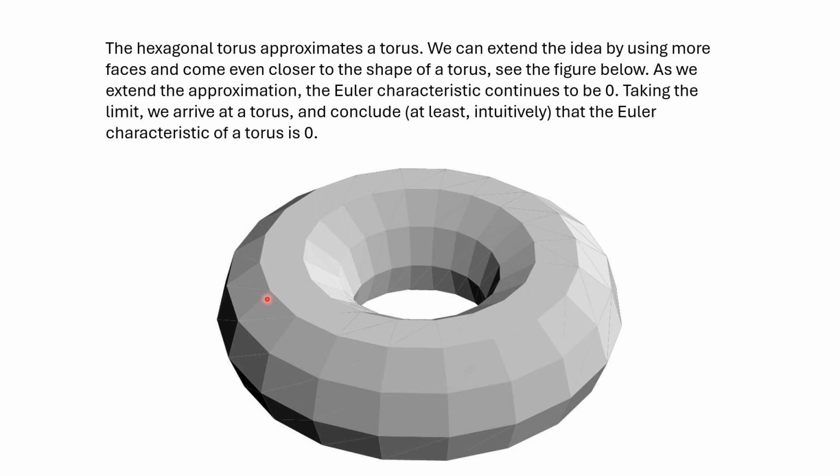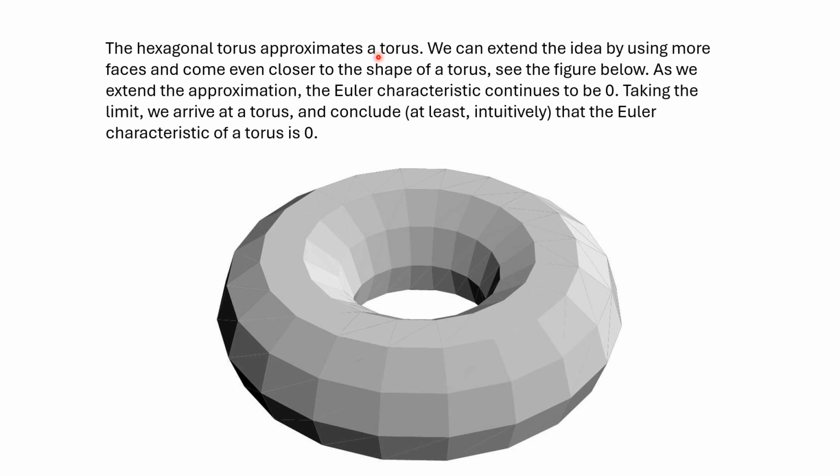If we kept making even more segments, we could get closer and closer. In fact, the torus itself, even though it's smooth, and we'll see this in a minute, has an Euler characteristic of 0. So even smooth shapes have an Euler characteristic. They could equal 2, they could equal 1, they could equal 0. There are different possible values, and that's related to this whole classification that we want to get at.